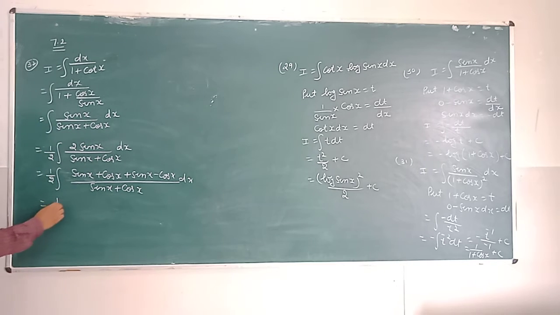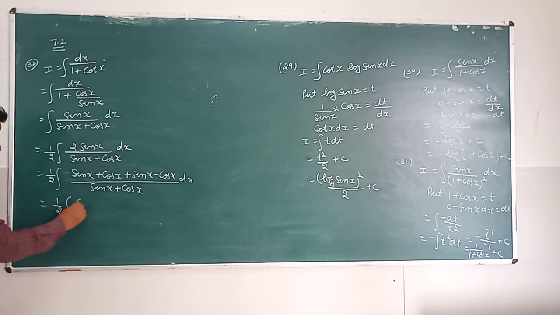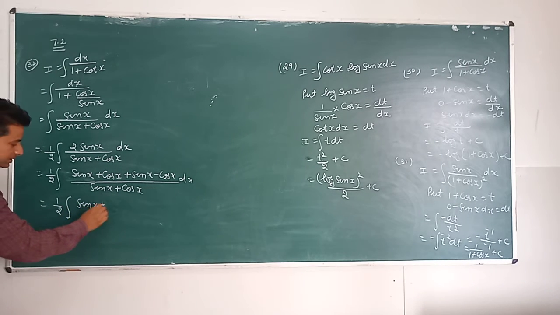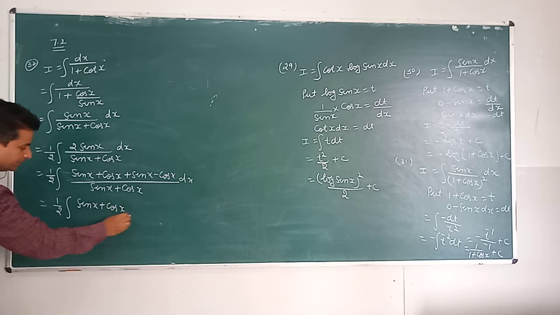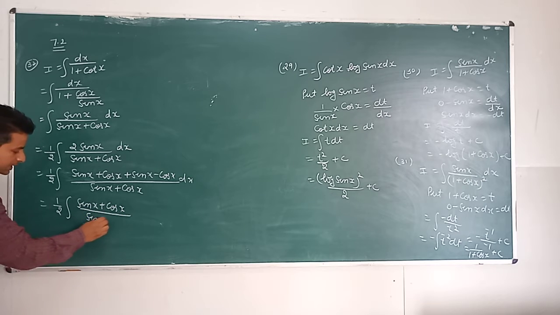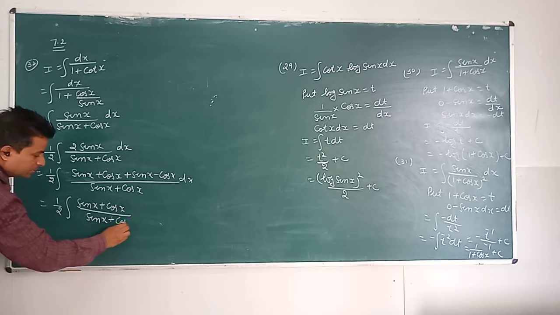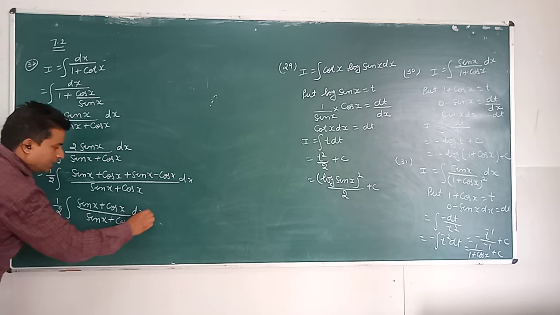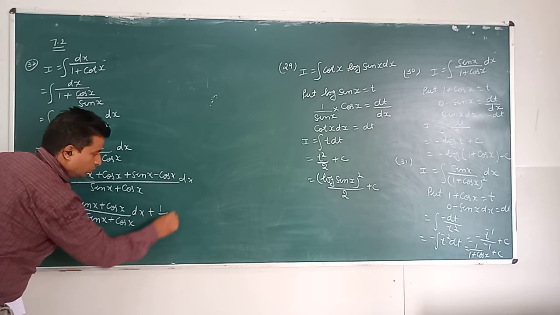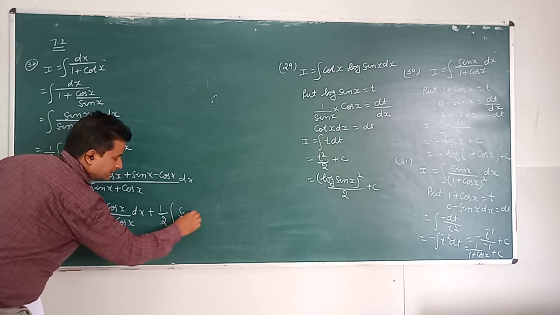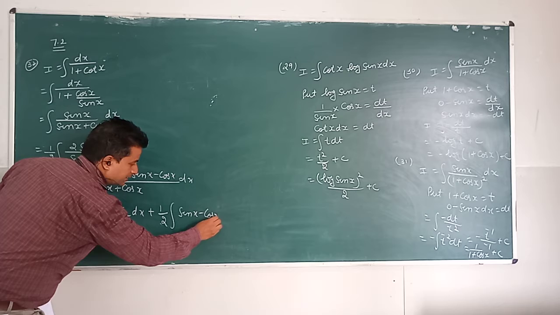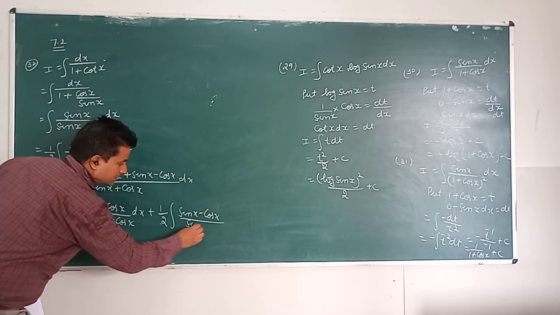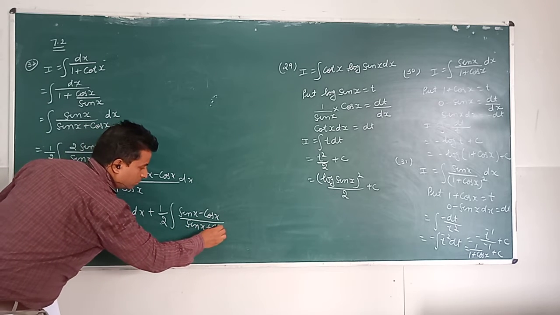So separate these two terms: sin x plus cos x upon sin x plus cos x dx, and this is 1 upon 2 times sin x minus cos x upon sin x plus cos x.